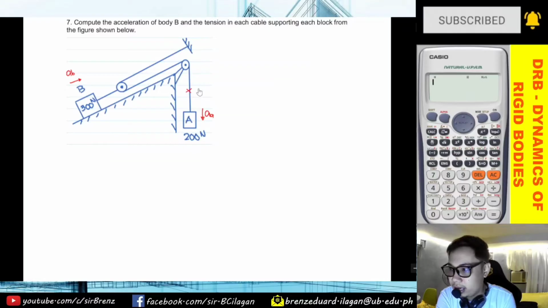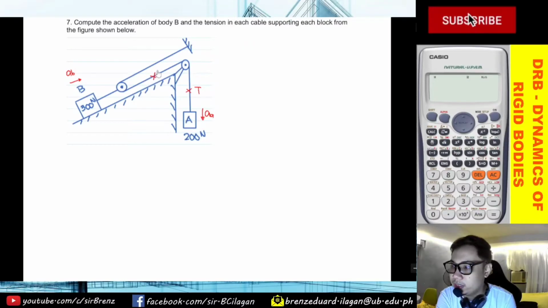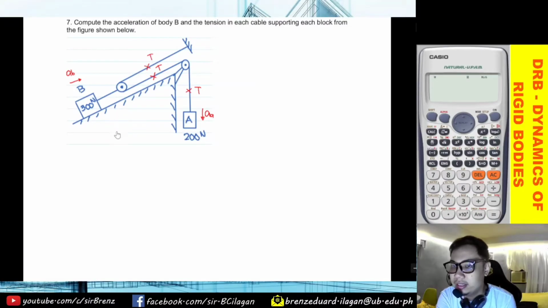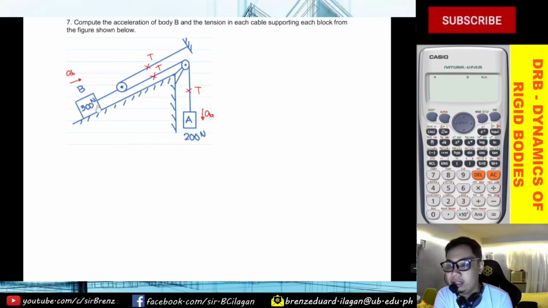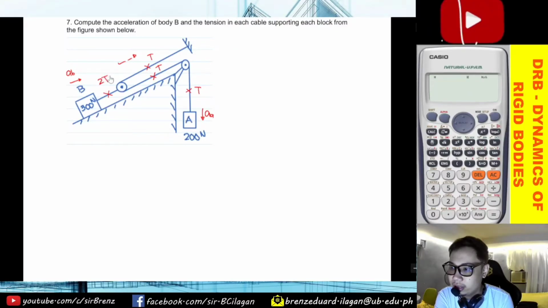Let's just name this as our T. This goes around this pulley, therefore ito is equivalent lang din sa T. Then it goes around this pulley, and therefore ito is equivalent lang din sa T. Ngayon, kung magsasection ka between the cable supporting do sa block B natin, meron kang dalawang T going in this direction, so to make it in equilibrium, ang value ng tension dito sa cable na nagsusupport do sa block B is equals to 2T.